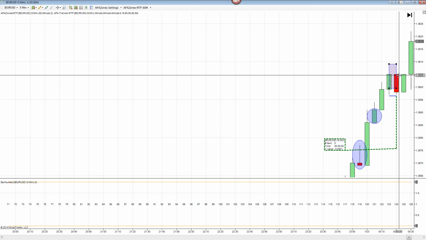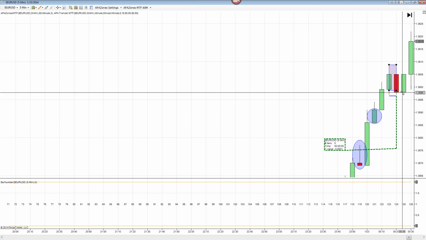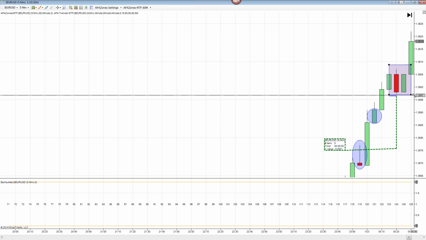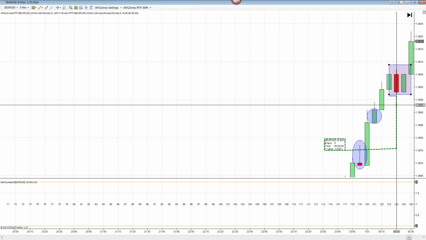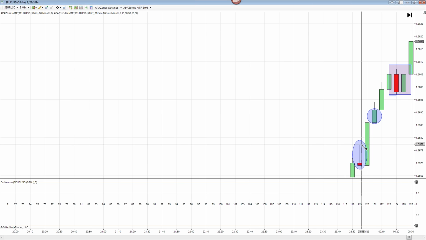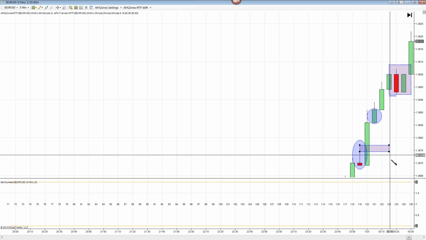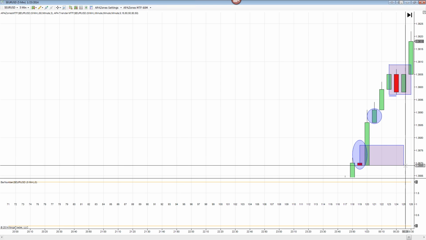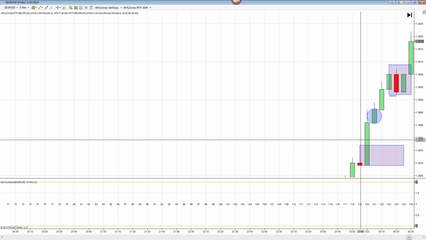But this right here, this has really formed good consolidation, kind of like what this red bar did for me over here, like all the way from the high down here to the bottom.